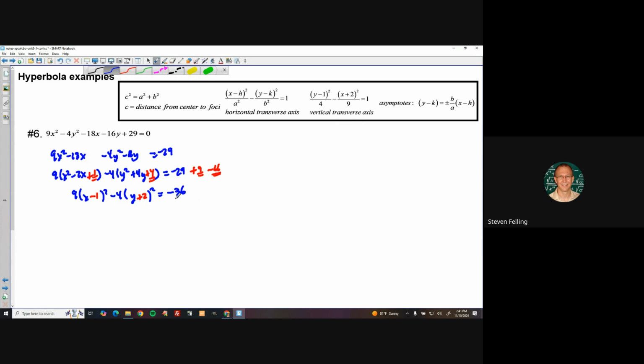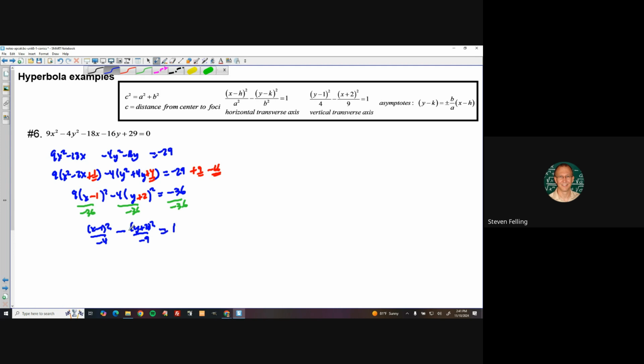So what happens if you end up with a negative? Well, we go ahead and divide everything by negative 36. And so when you do that, you're going to get x minus 1 squared over negative 4, minus y plus 2 squared over negative 9, equals positive 1.